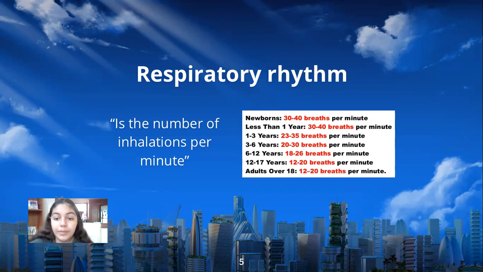So it's not going to be 12 to 20 breaths per minute. Instead, it's going to be, I don't know, between 35 or 14 breaths or inhalations per minute. So that's how it could vary.